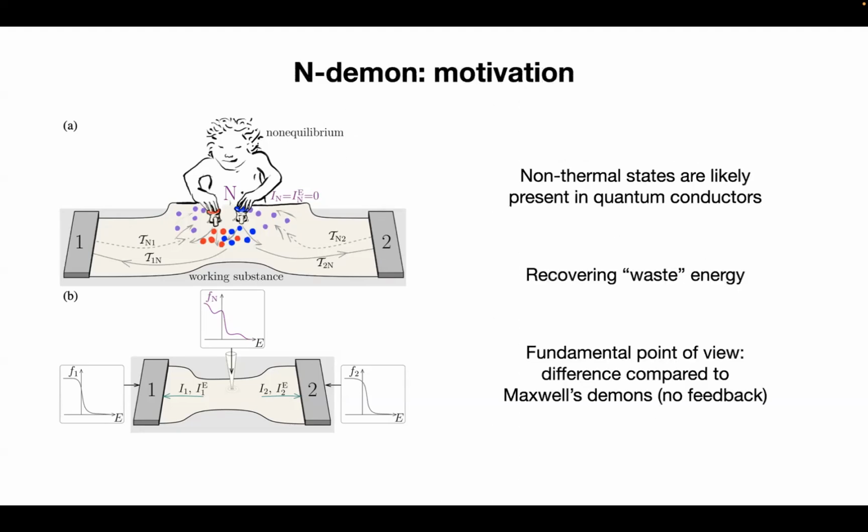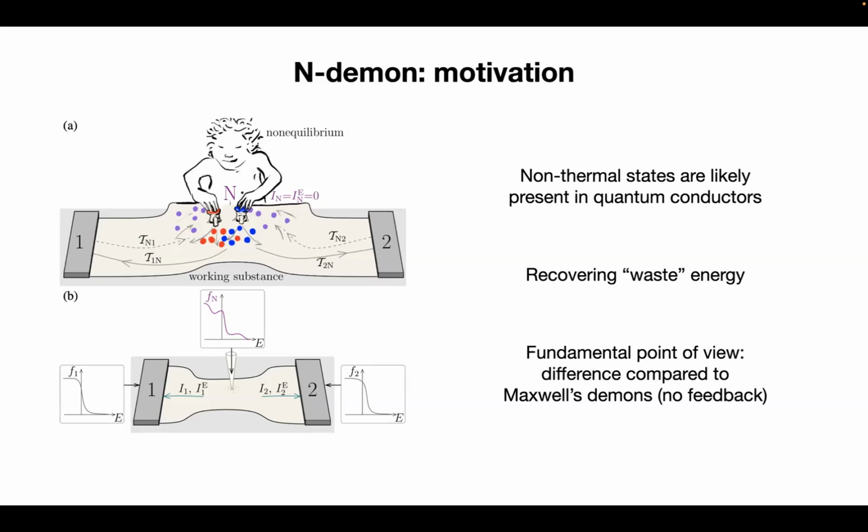So the motivation to do that is because in quantum systems, we would like to understand how to exploit non-thermal states, and then eventually also quantum resources, to see if there is any advantage in using this over conventional thermal states.